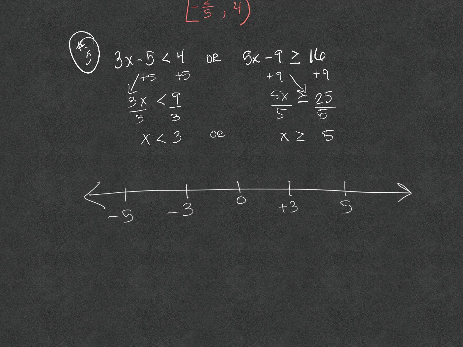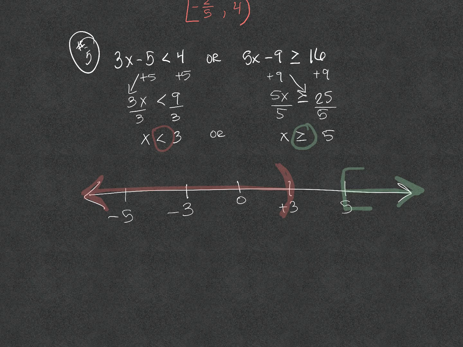Here's 3, and let me change my colors. So it's this here, and everything this way. And I will change my color for X is greater than or equal to 5. So 5 is here, and I'm using a bracket because it's or equal to, and it's everything this way.